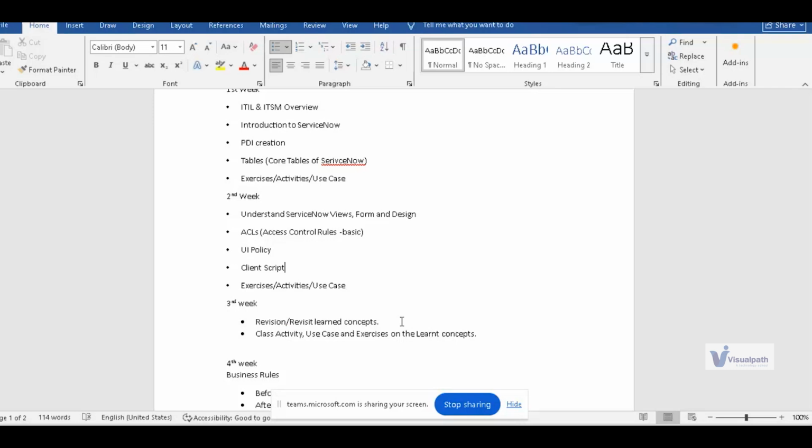I want us to do a lot of exercises and use cases, so you will be able to understand and work on the ServiceNow tool and the UI.